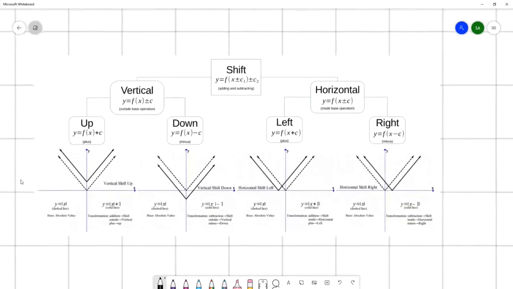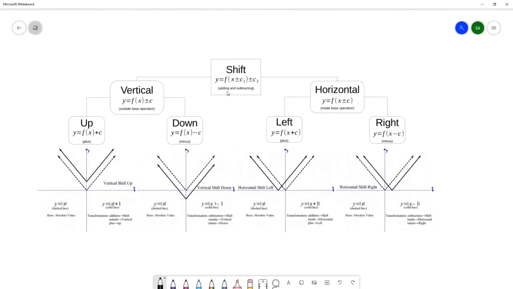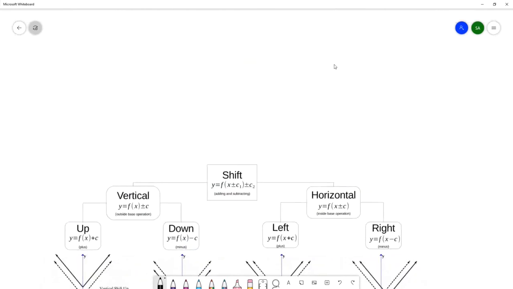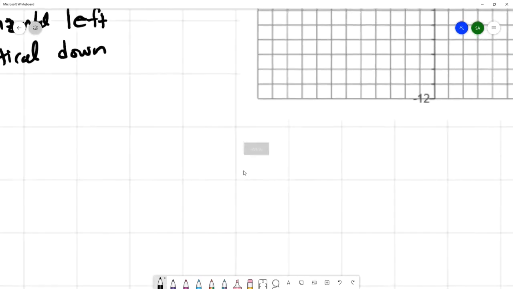So this is all the information that you have to have memorized about the shifts to know which direction. If your adding and subtracting is on the outside, it's a vertical shift. Plus is up, minus is down. If you have your adding or subtracting on the inside of the function, it's horizontal, and plus is to the left, minus is to the right. Okay, so that's where I got that information from, just some facts about transformations that I've memorized.